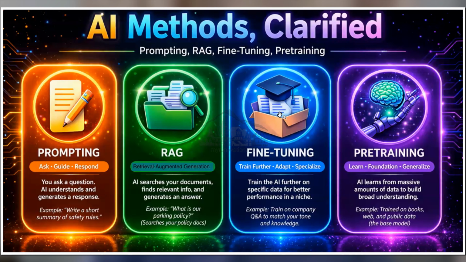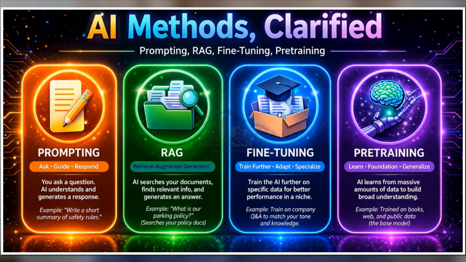Number 4 is pre-training, where the AI learns from a massive amount of data that you provide to it. When it comes to pre-training, this is only applicable to big organizations, for a big AI project. For example, if you have a huge site, like a $4 billion or $10 billion project, as you start, you do a pre-training of the model.